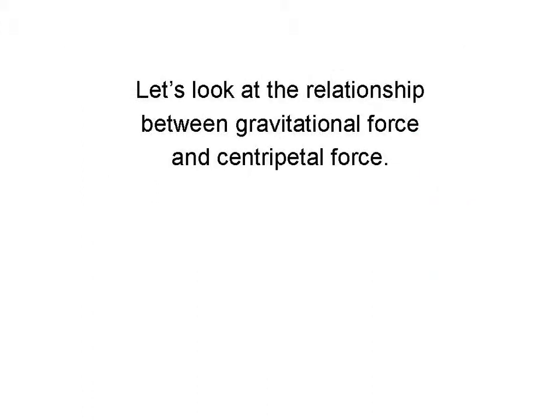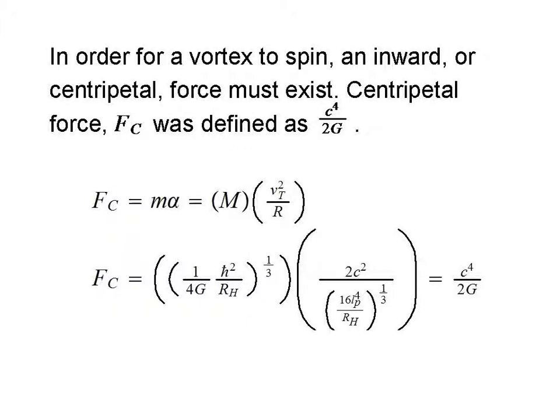Let's look at the relationship between gravitational force and centripetal force. In order for a vortex to spin, an inward or centripetal force must exist. Centripetal force, F sub c, was defined previously as the speed of light to the 4th power divided by 2 times the gravitational constant.